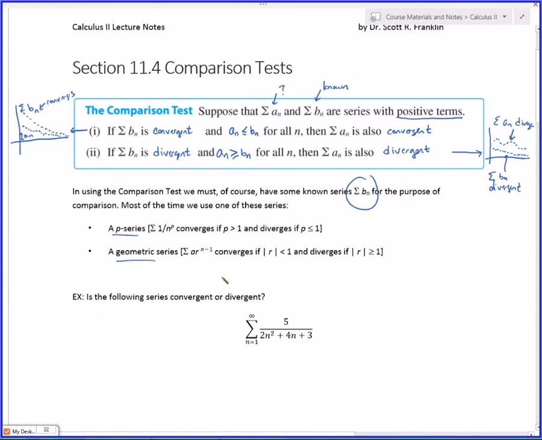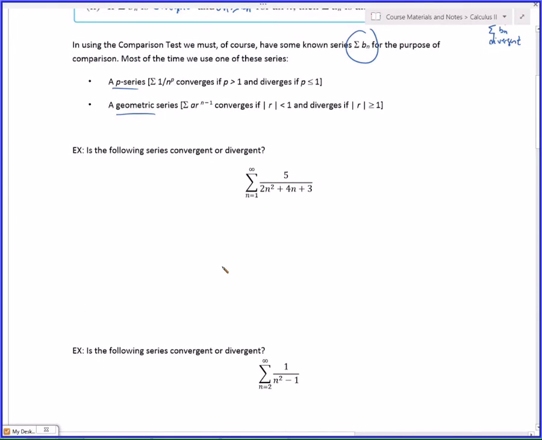I've got conclusive results that I can always tell whether or not a geometric series or a p-series converges or diverges. Okay? So let me walk you through some of the tricks that are commonly used to determine how to compare something like this. So think about 5 over 2n squared plus 4n plus 3. Here's the most common trick. This looks to me a lot like something over just n squared.